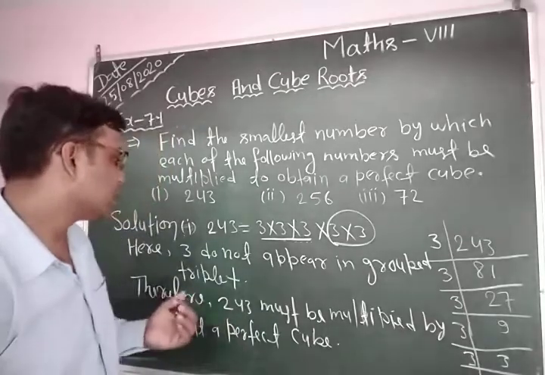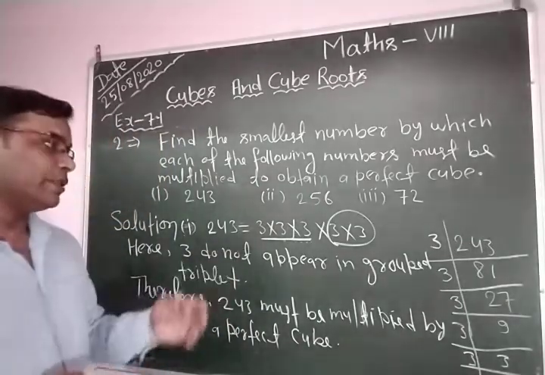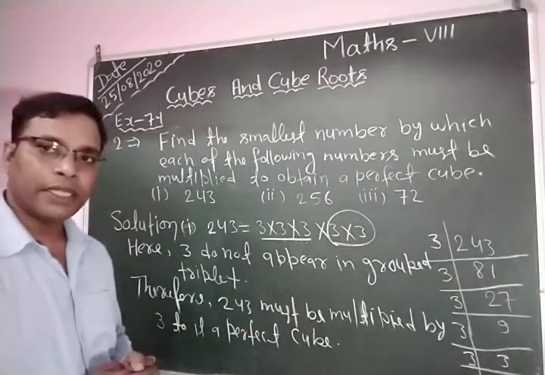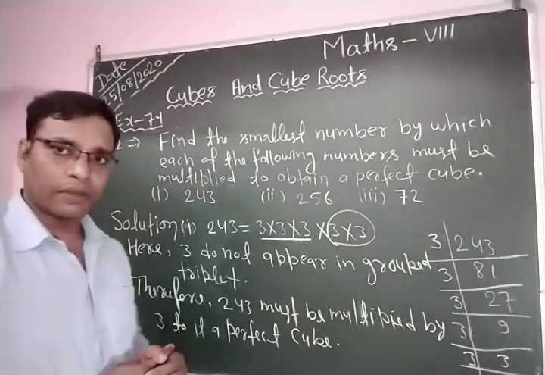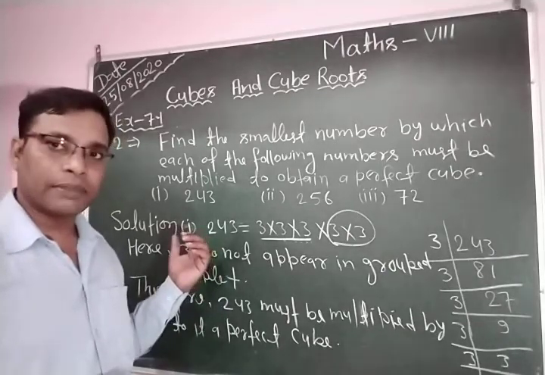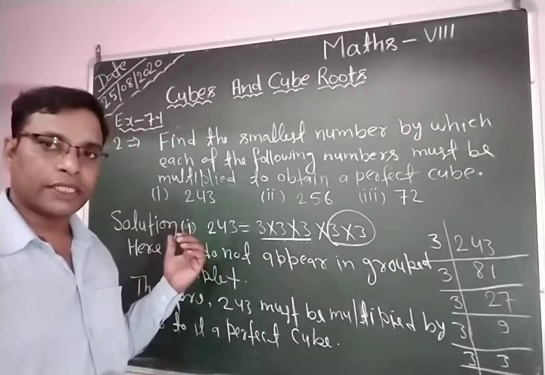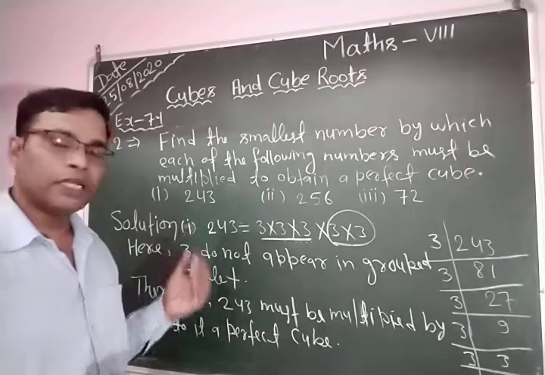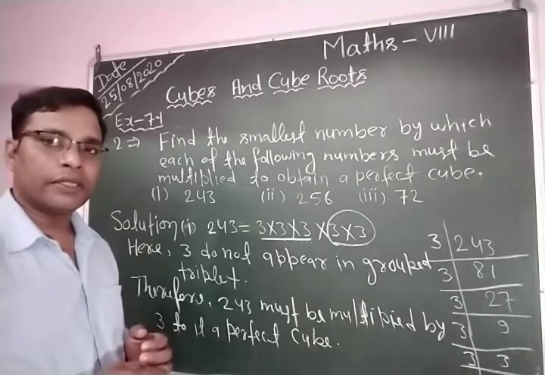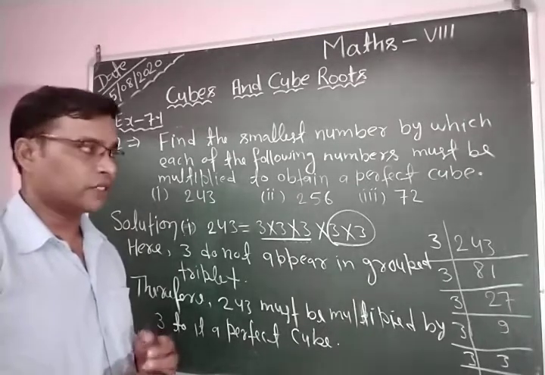So we multiply the given number 243 by 3. If you multiply 243 by 3, then the result will be a perfect cube.